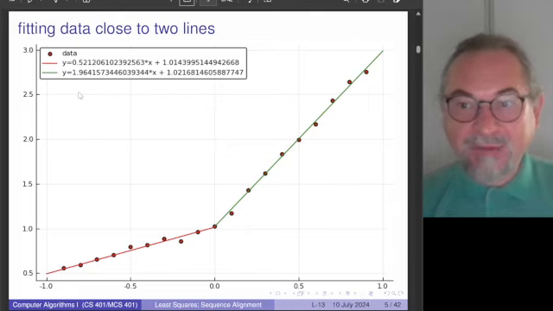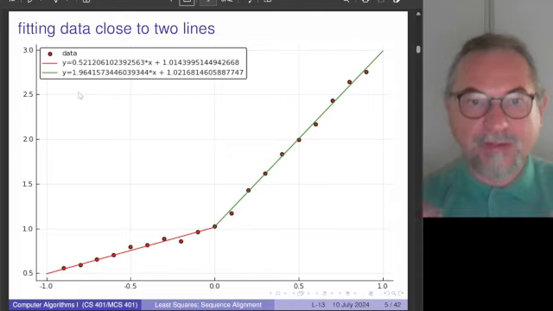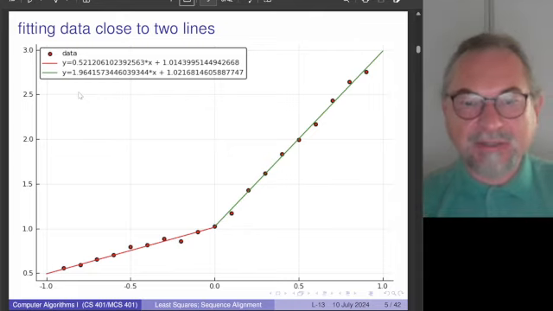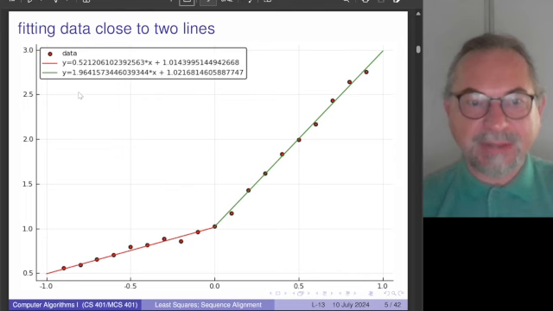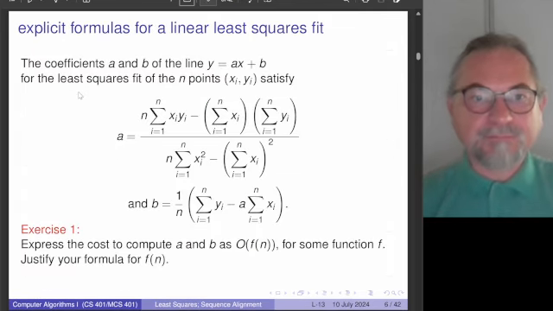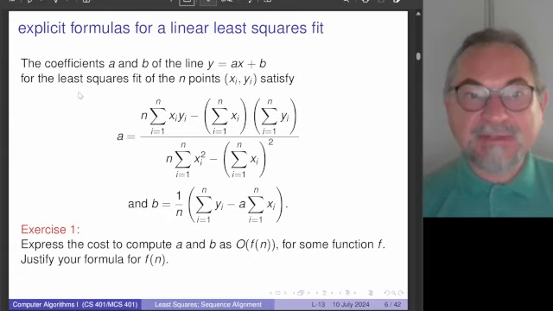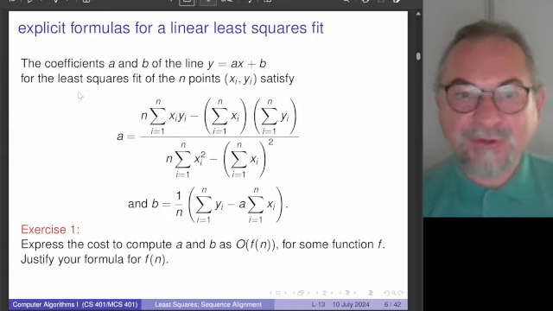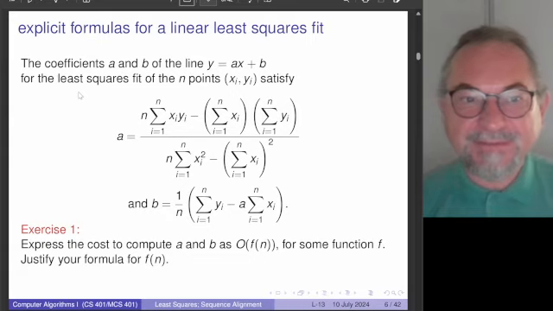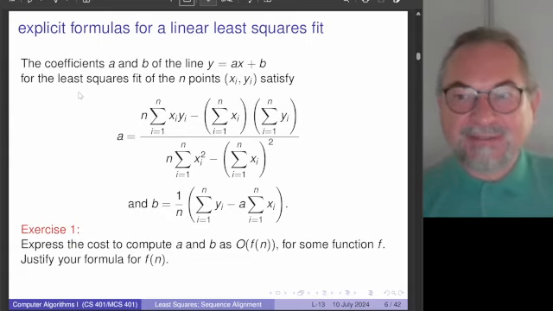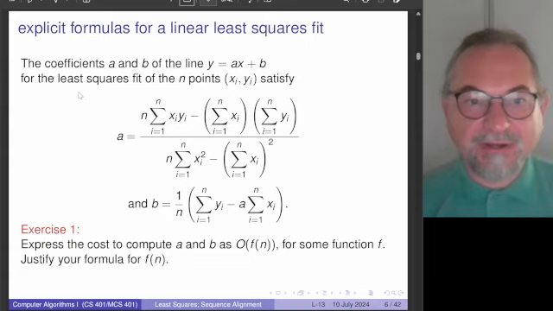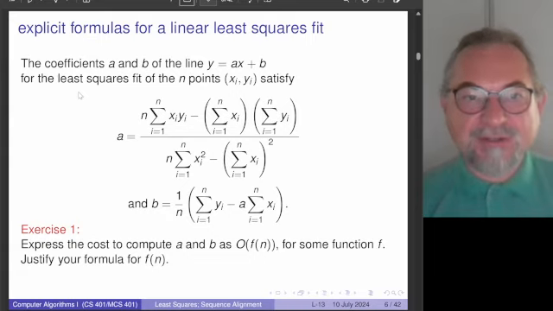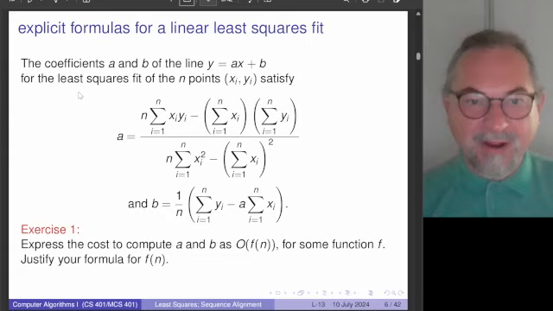In any case, we do have data points following a piecewise linear pattern. And we have explicit formulas for this linear fit. I said that this was a problem from linear algebra. You can actually derive those formulas, and that would be a linear algebra problem.